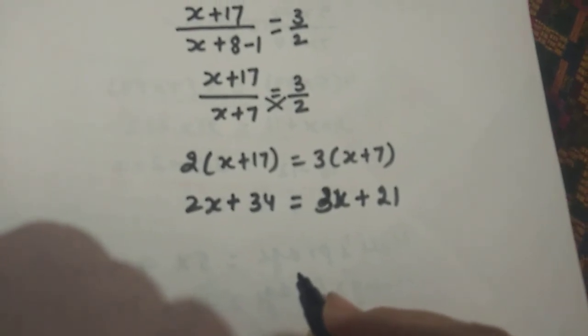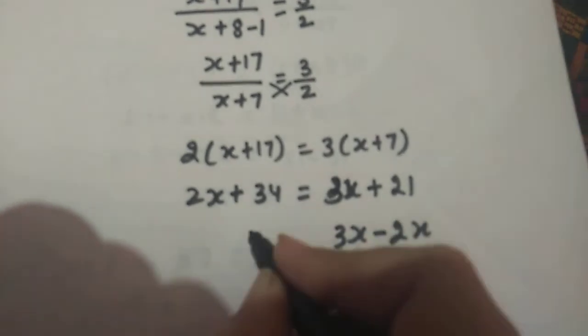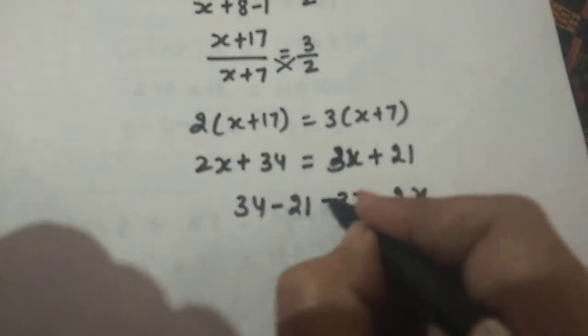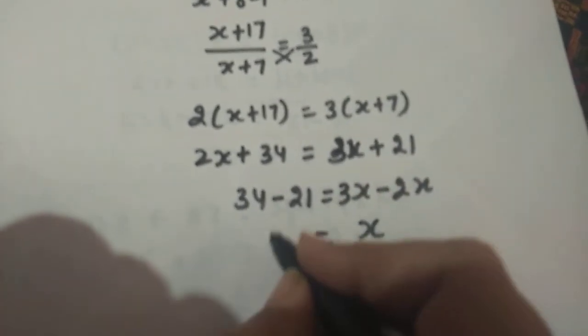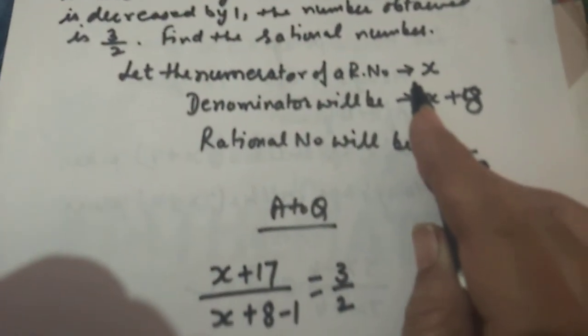Now 3x minus 2x, and this is 34 minus 21. So x is equal to 13. x is the value of our numerator. The denominator we have to find out.